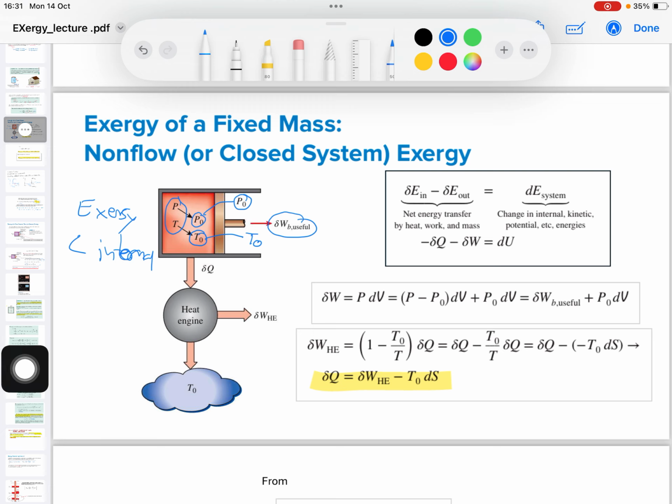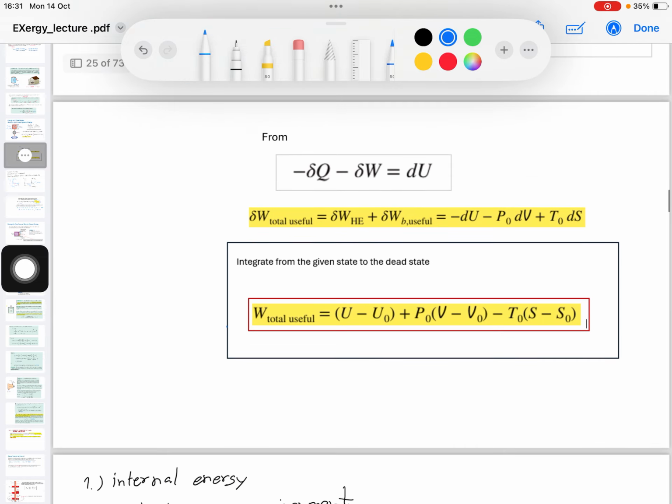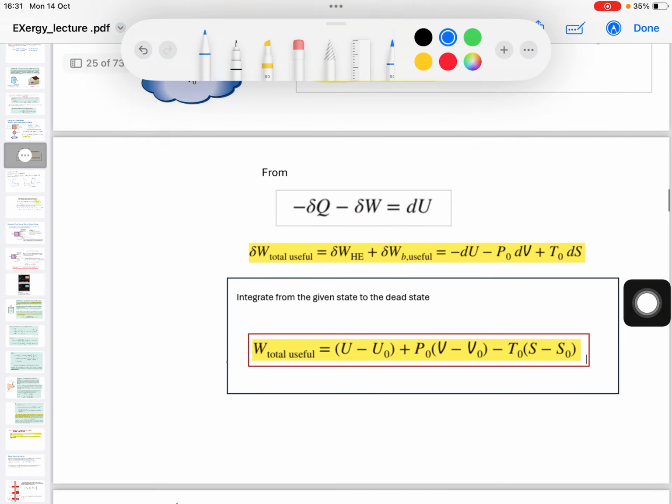And to calculate the exergy, the maximum work that I can convert, the maximum mechanical energy that I can get from this system, refer to this equation.